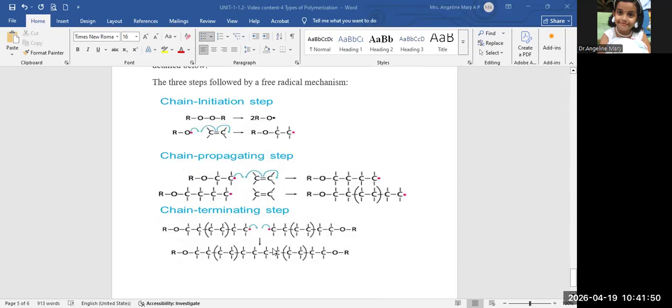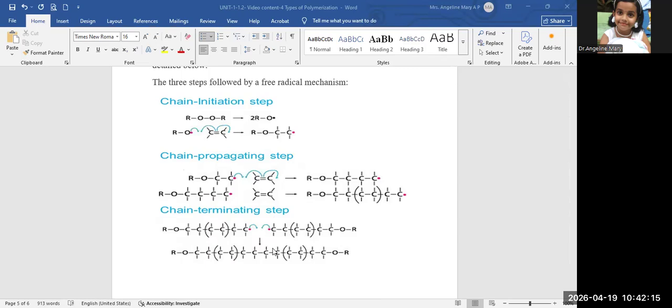Okay, so far we have seen what polymerization is. In polymerization, there are three types of reactions: step growth, chain growth, and condensation. Step growth means it undergoes reaction in either acid or base, forming Bakelite. Chain growth involves three steps: initiation, propagation, and termination.